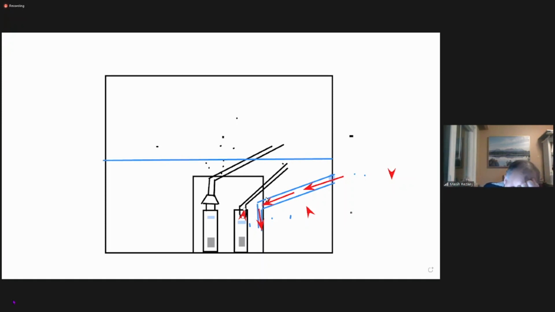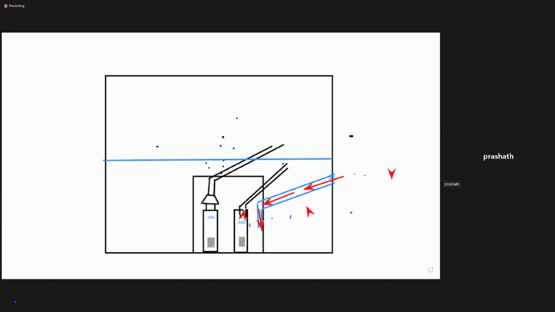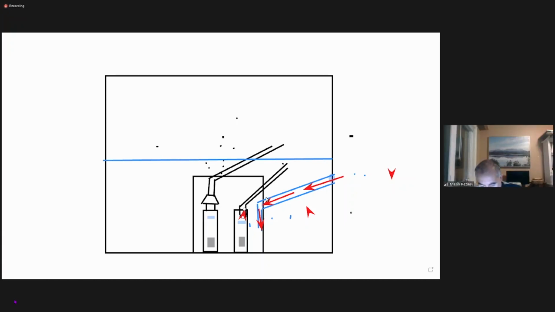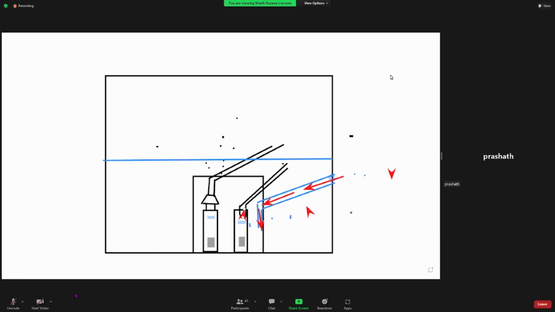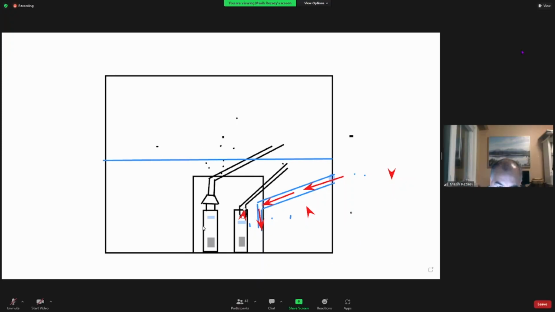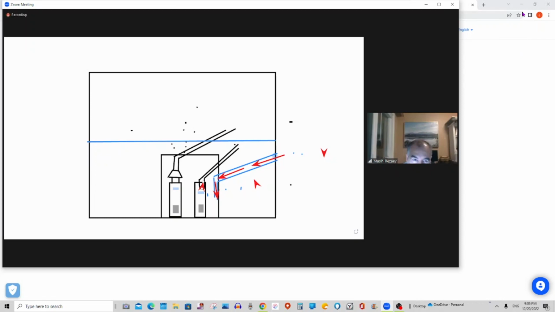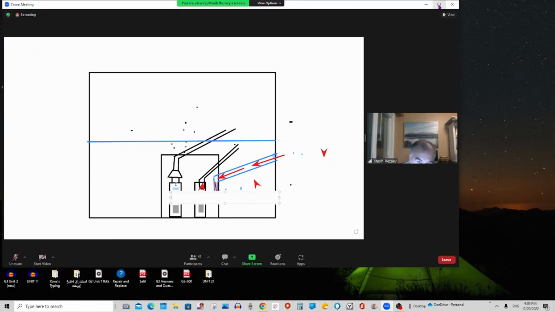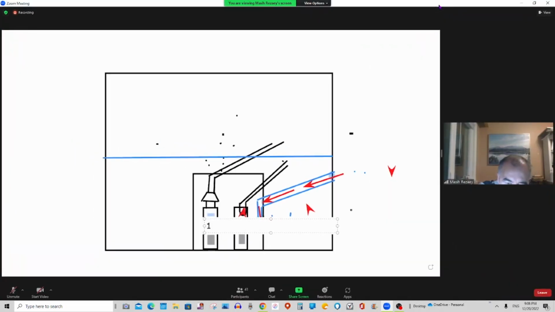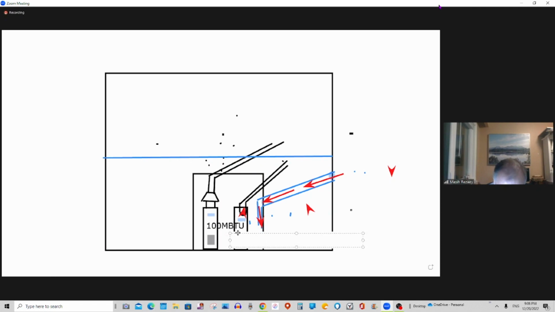Let me repeat this question again. I had 2 appliances: this one with draft hood, how much was it? 100,000 BTU. And the second one, without draft control, how much was it?